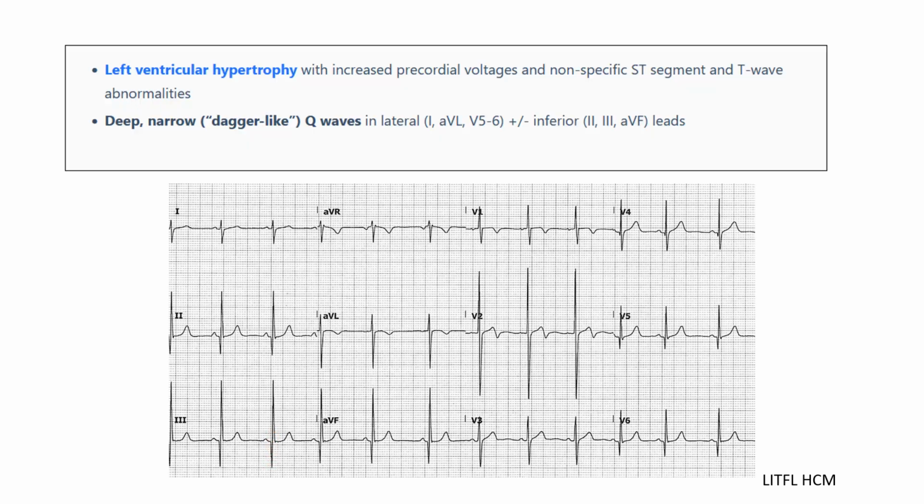This is the definition of hypertrophic cardiomyopathy in the inferior leads and V5, V6, right?